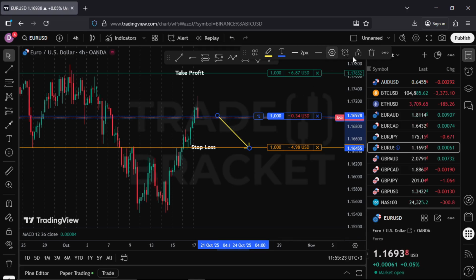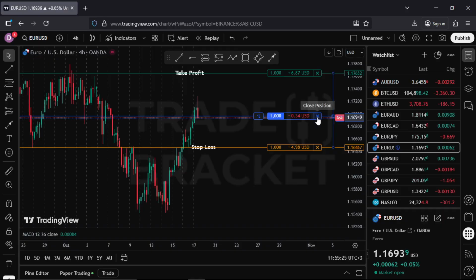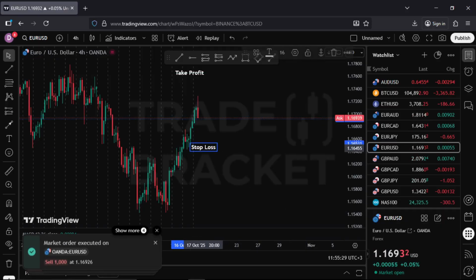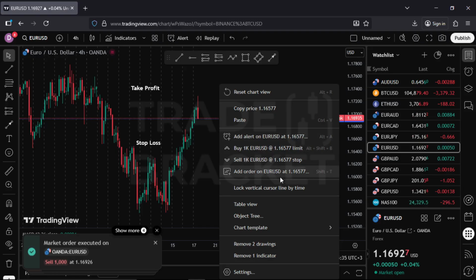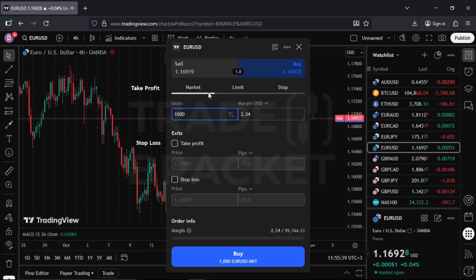Let me delete that and close this as well, and pull this text a little bit away from the chart. Let me pull up the order once again and go to the next order type. We've looked at the market order, which is the order you place if you want to enter the market at the current price.